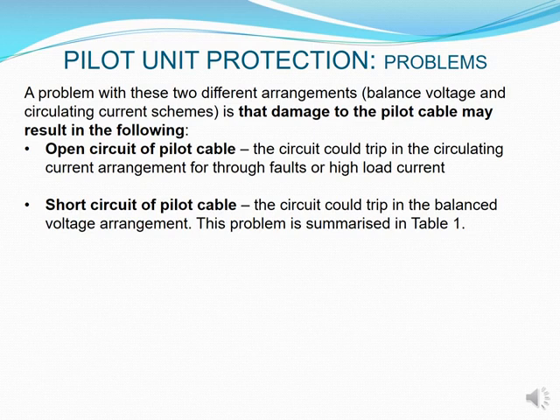Number one is if you had an open circuit scenario on your pilot cable, then your circuit could actually trip in the circulating current arrangement for a through fault, because it could easily say that that fault was within your zone, although it was outside. Why? Because already our pilot wire is open circuited and therefore cannot really differentiate between a fault within its zone and a fault outside its zone.